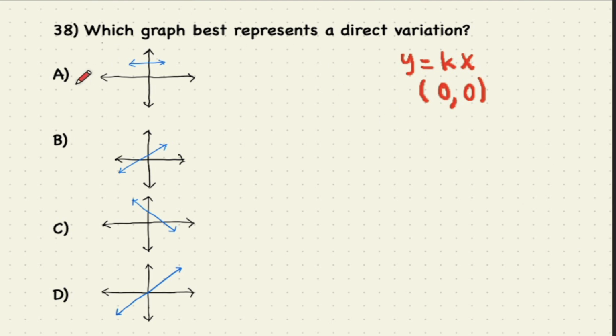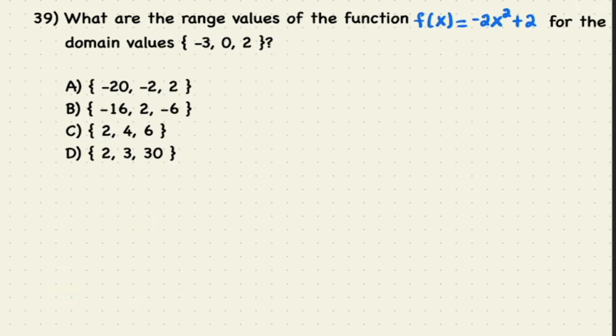And as you can see, it's not answer choice A, it's not answer choice B, it's not C, but it is D, right? Because it goes right through the origin, 0, 0. Okay, let's move on to number 39. Number 39.